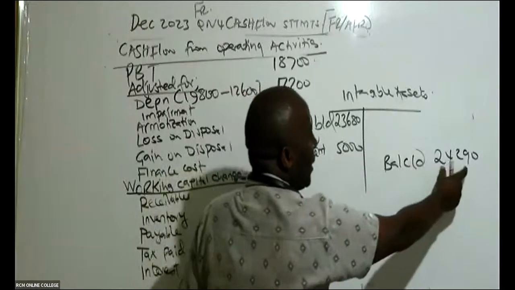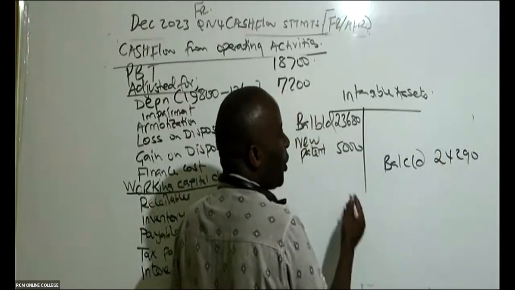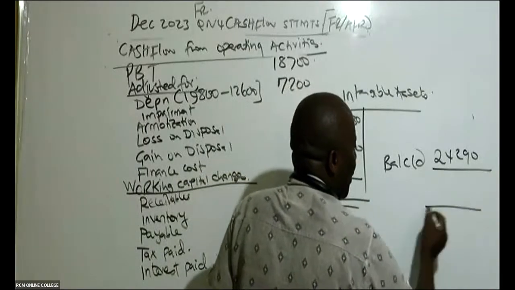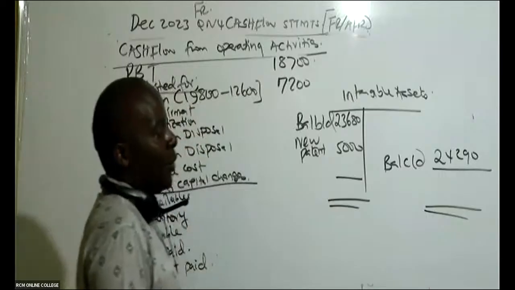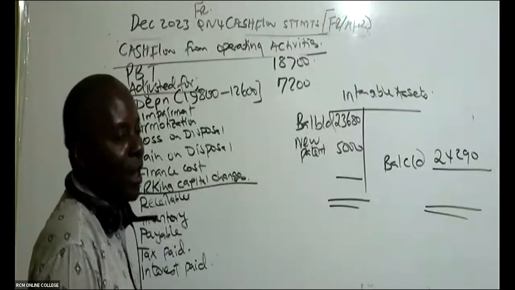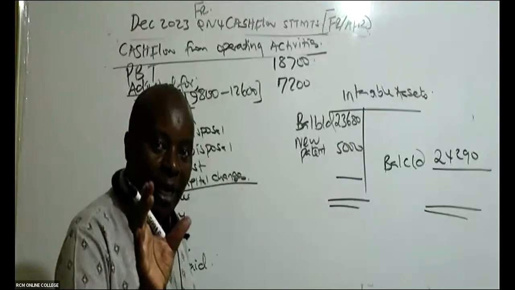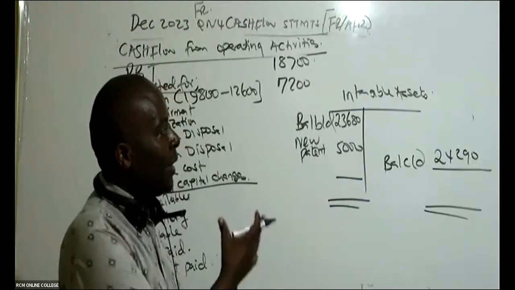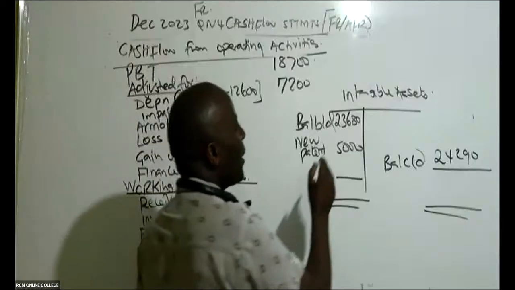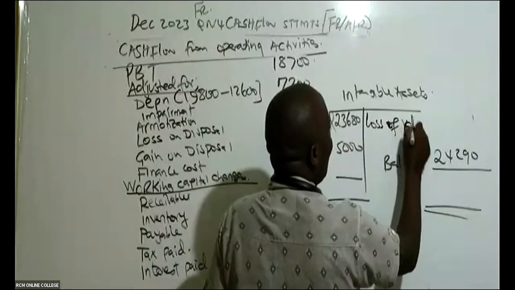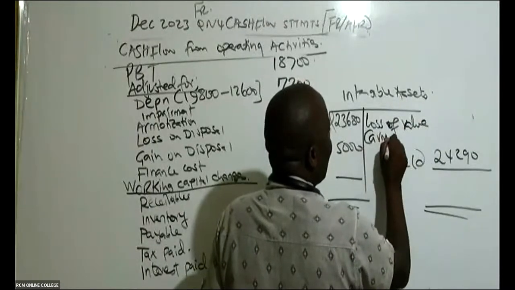But I can see it has reduced, so the reduction must be what was amortized. I would have called it depreciation if it was a physical asset that you can touch, but this is an intangible asset, so loss of value, we call it amortization.